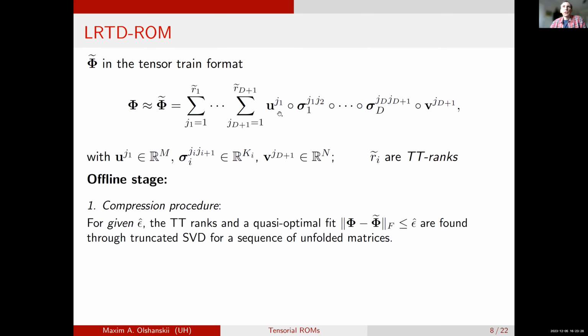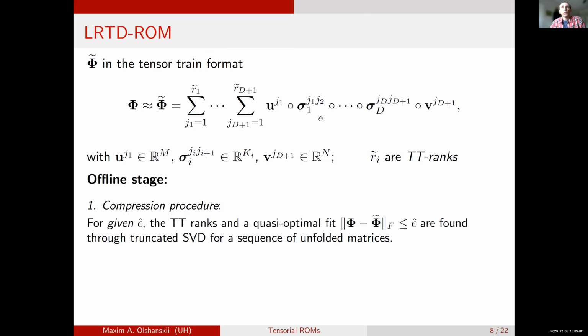So here the sigmas are scalars, the u's are vectors of the dimension of the space discretization, v is the time direction, so n is the discretization in time. These are vectors in the parameter space directions. So these vectors, as the index varies, are organized in orthogonal matrices.